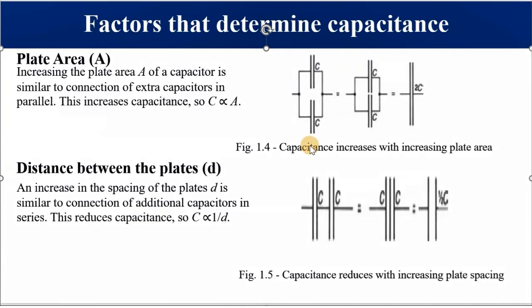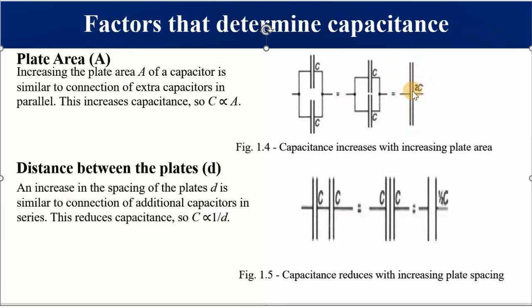This is an illustration of how plate area affects capacitance. As you can see, we've got two capacitors connected in parallel, and these two capacitors connected in parallel as well. This is equivalent to two larger plates separated by a dielectric, meaning that the larger the surface area, the larger the capacitance.